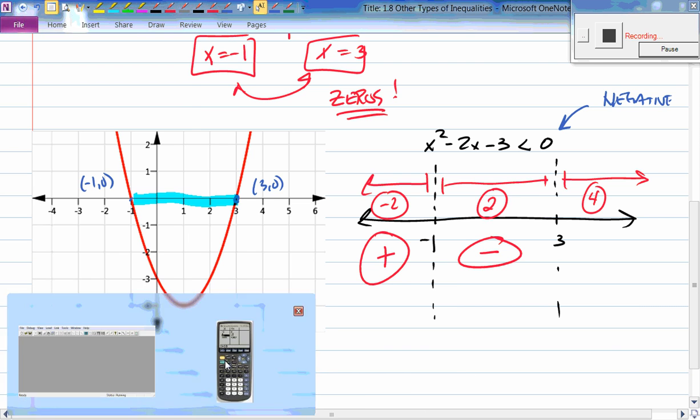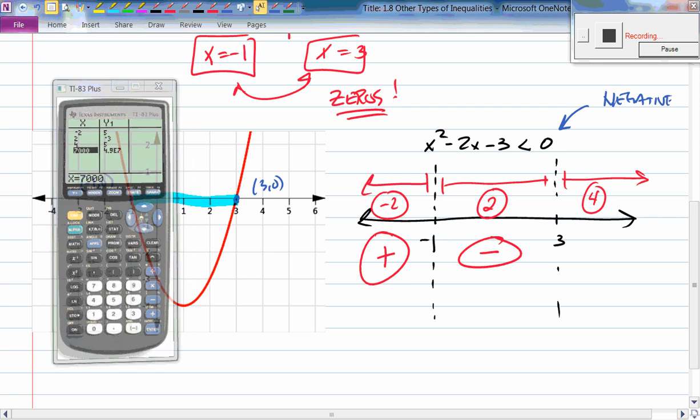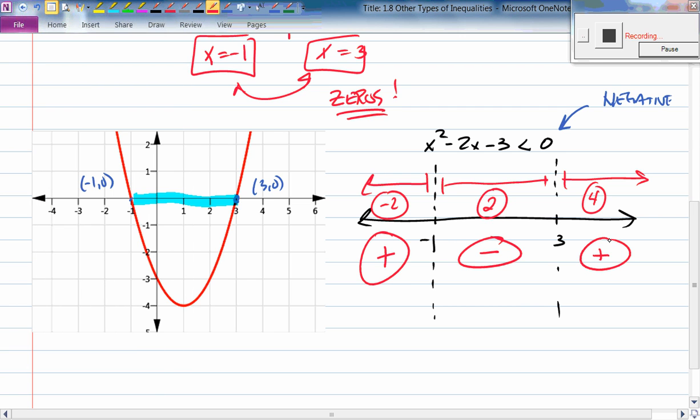That's my negative region. And then finally, if I check option 4 here, plug in a 4, push enter, what type of number am I getting? Positive. A positive number. Very good. So positive region. This matches up perfectly to the graph, doesn't it? All of the numbers for x that are in between this region are below the x-axis, therefore they're negative.